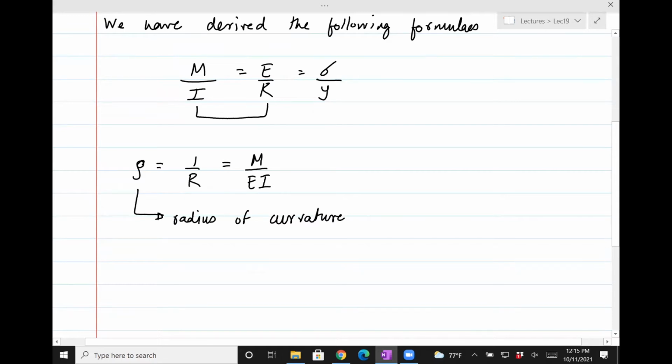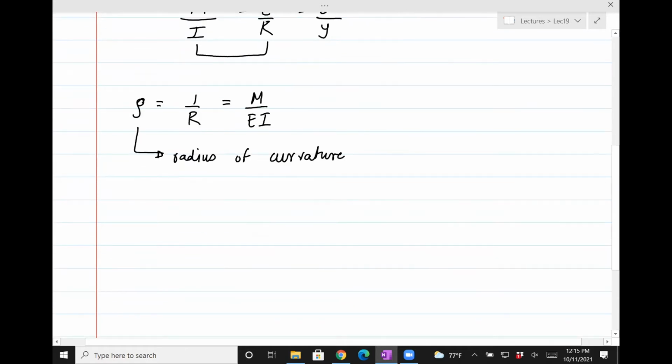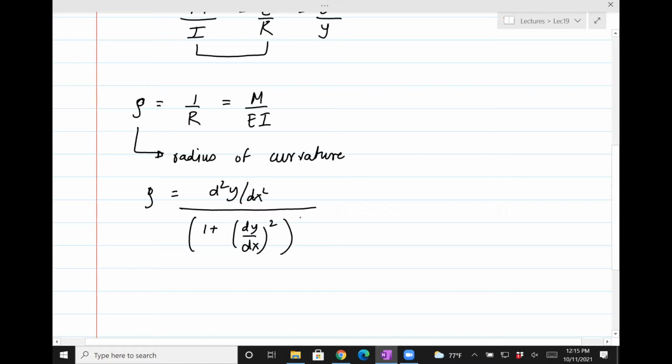There's a formula for that, and you might have learned about it in dynamics when you did curvilinear coordinates. Rho is given as follows: it's d squared y by dx squared divided by 1 plus (dy by dx) squared, raised to 3 divided by 2.